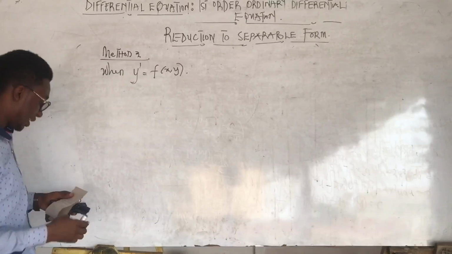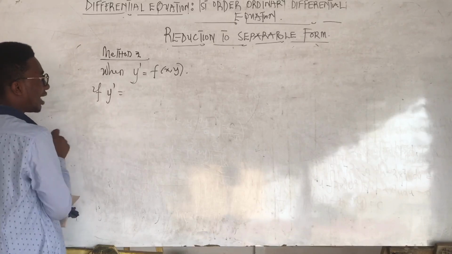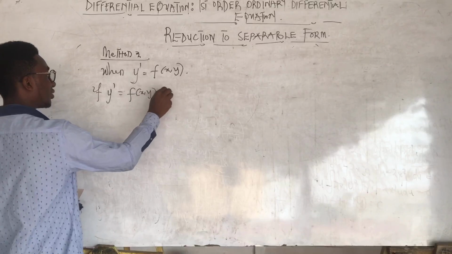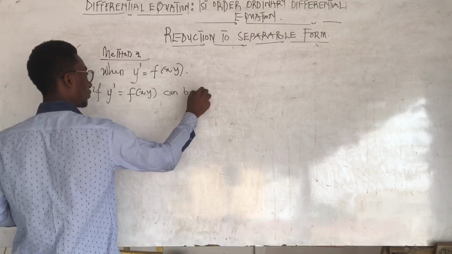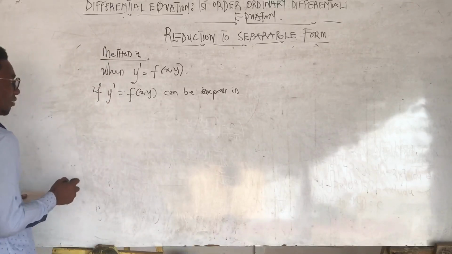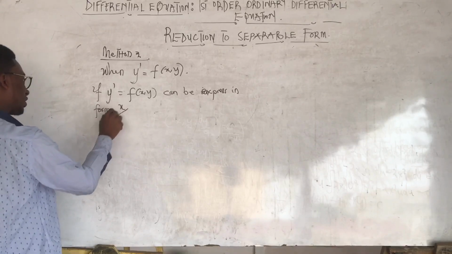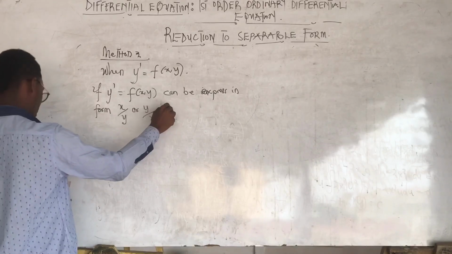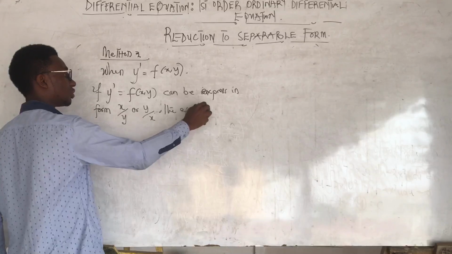So now when you have the equation in a standard form like this, and your dy dx is equal to a function f of x, if this function can be expressed in the form x on y or y on x, then the equation is homogeneous.